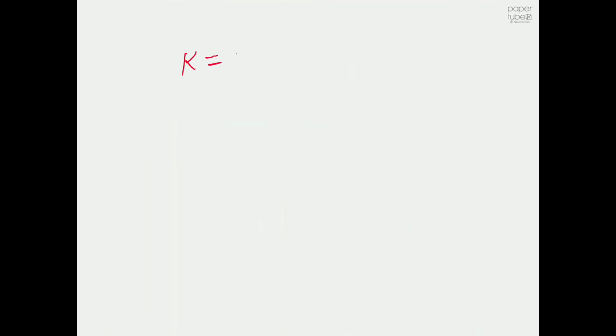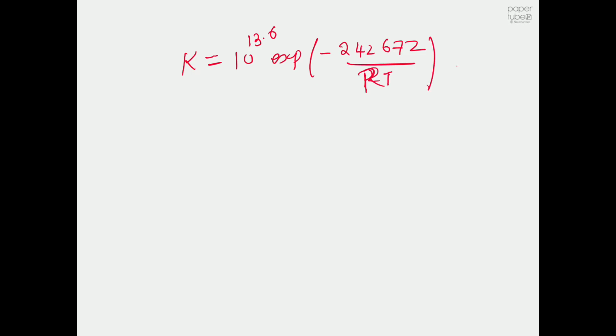So k is equal to some big number, 10 to the power of 13.6, exponential minus 242,672 by RT. This is a first order reaction, so the unit for the rate constant will be 1 by seconds.